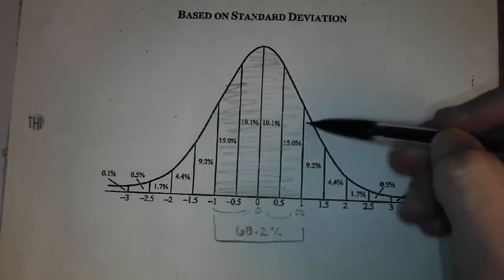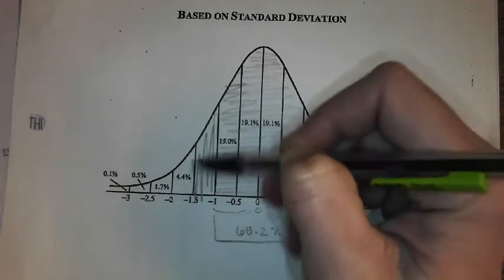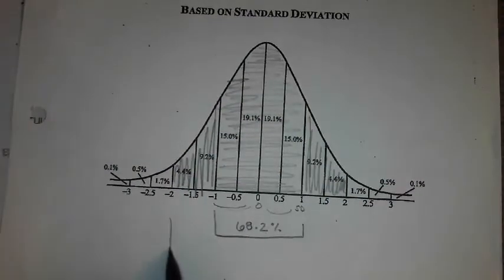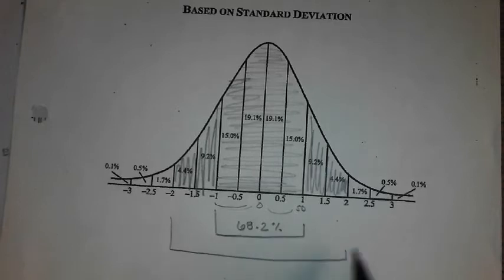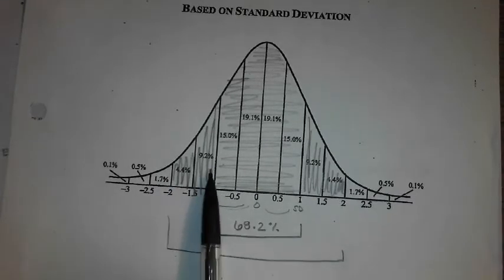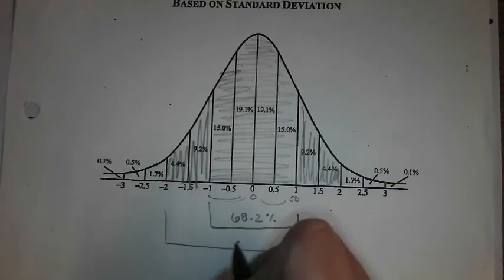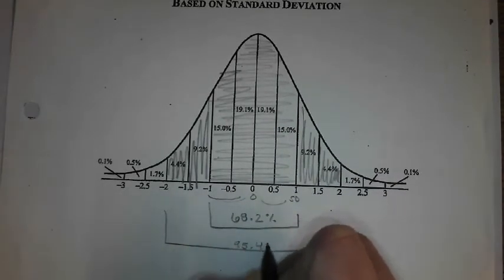Then if I jump to 2 standard deviations above and below, that percentage is going to increase by 4.4%, 9.2%, 9.2%, and 4.4%, which gets us up to 95.4%.